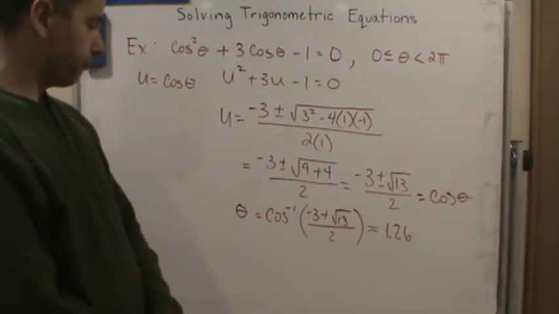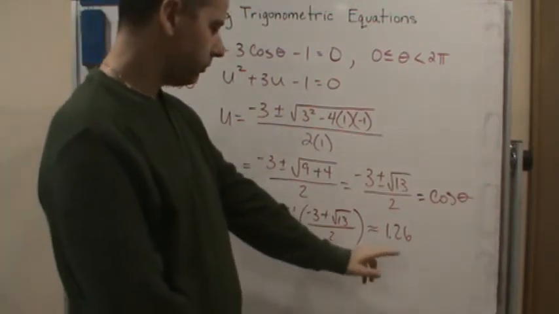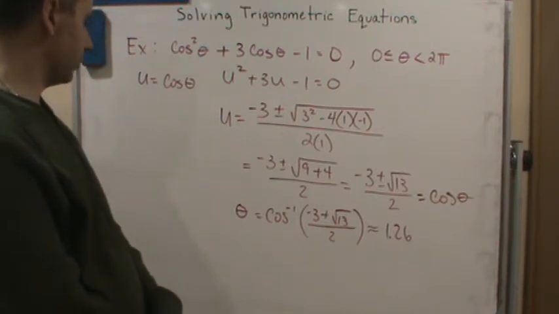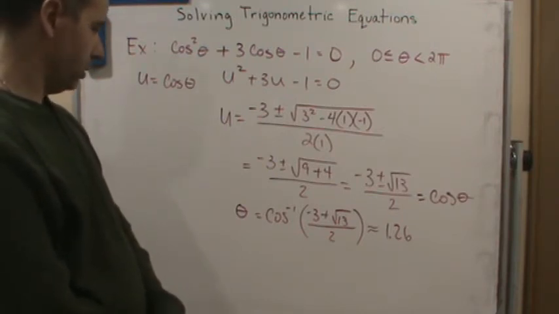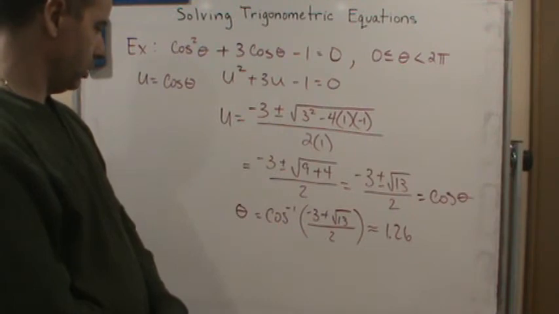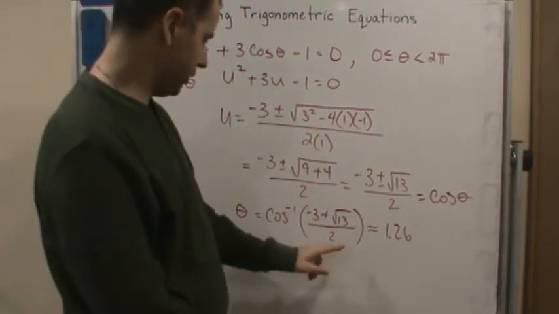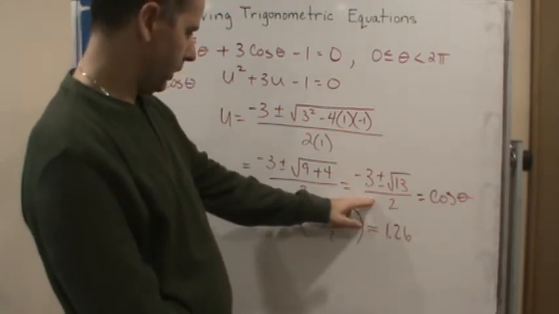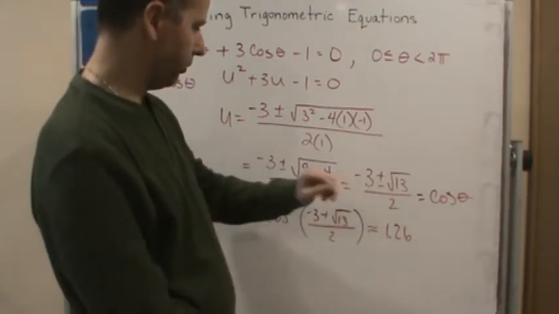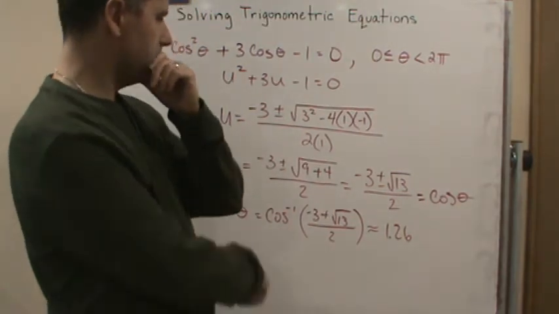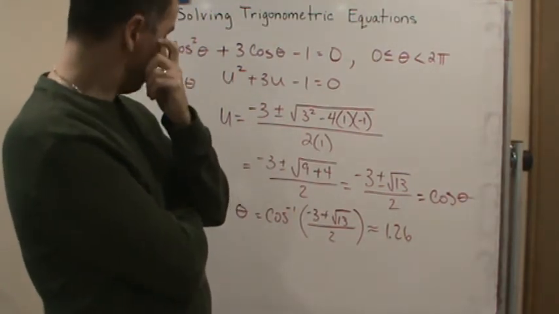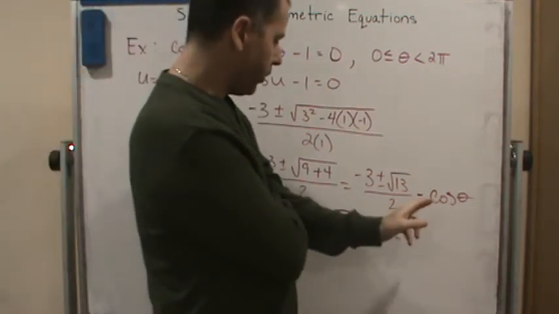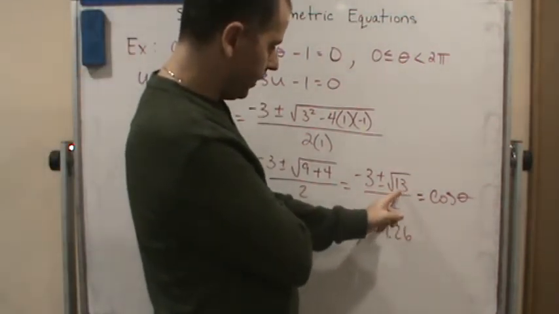So now, it's positive. We also know, oh, hold on a second. Well, if you put this in your calculator, you're going to get a positive value. And why do I know that? Think about it.